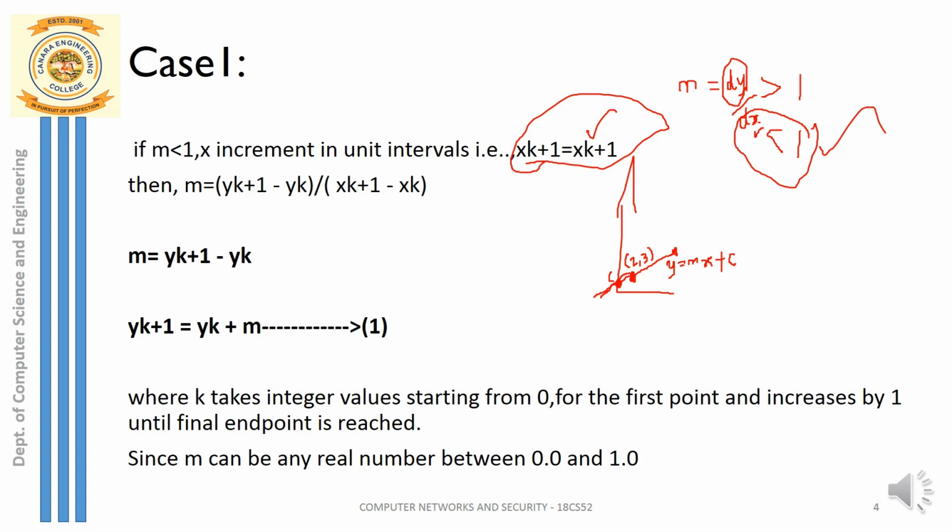So let's take the slope of the particular line. You have an equation here, and you can see the y coordinate, y suffix k plus 1, is nothing but y suffix k plus m.